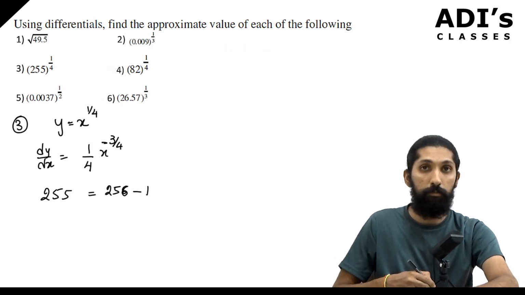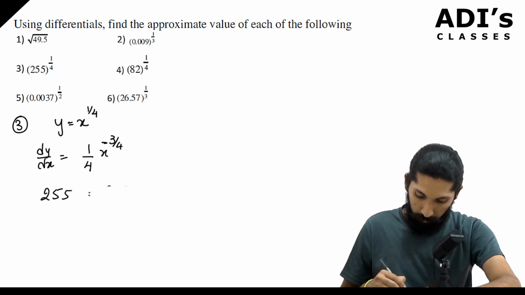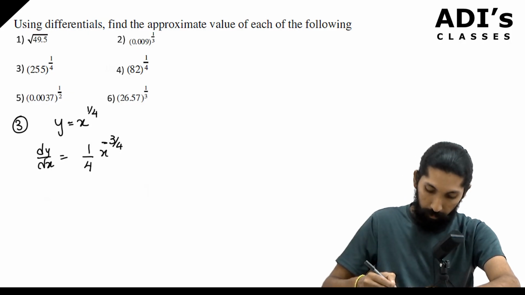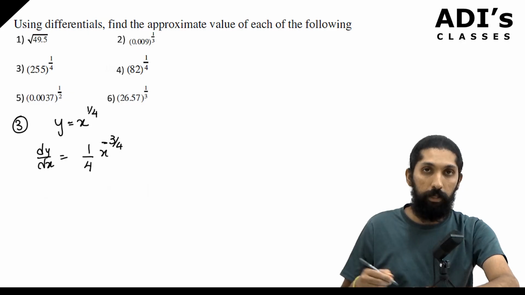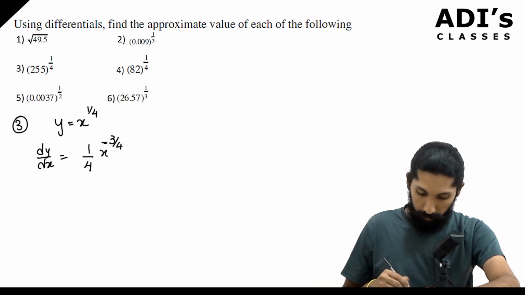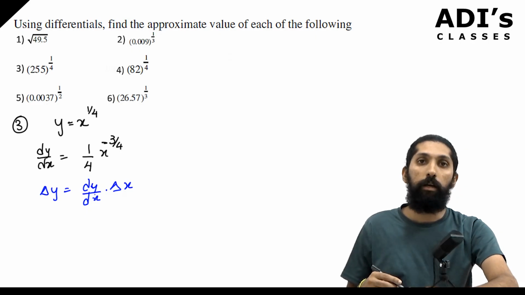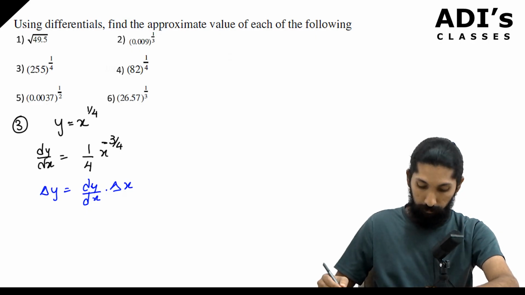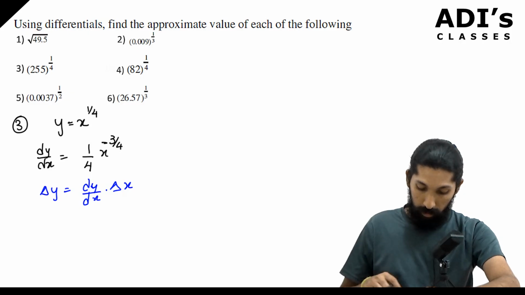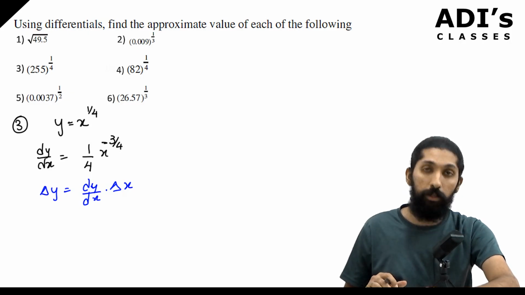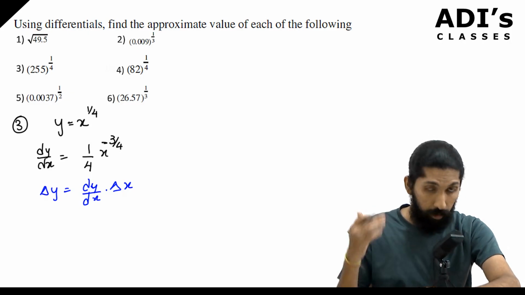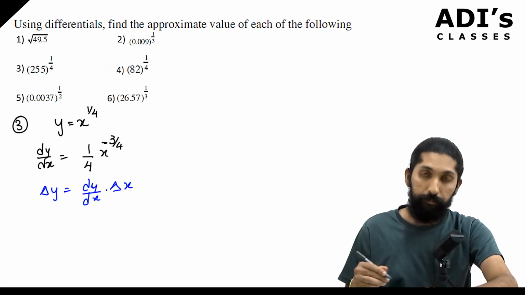Fine. So now let's do the math here. 255 is 256 minus 1. Right. So anyway, this is not really that important right now. You got the dy by dx. Again, the formula: delta y is dy by dx into delta x. Correct? This is going to be the case of delta y. Since we have this to be the delta y value, now let's substitute the value of dy by dx and calculate.